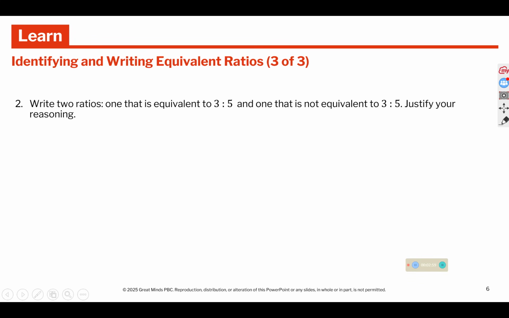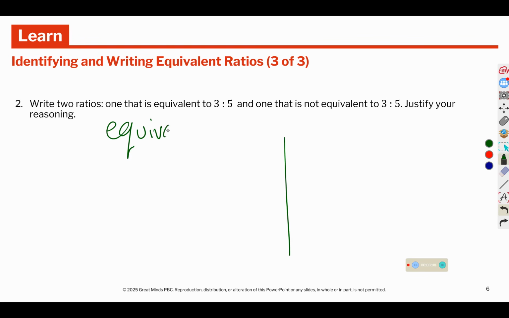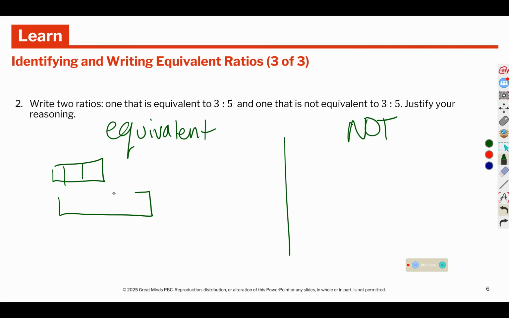It says write 2 ratios, one that is equivalent to 3 to 5 and one that is not. Justify your answer. So if I have 3 and 5, I can fill that in with a number such as 4.